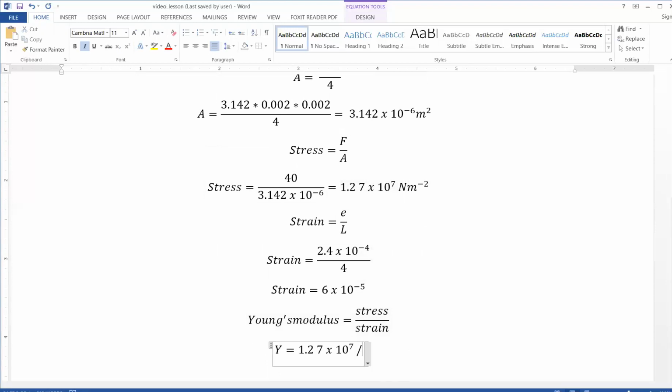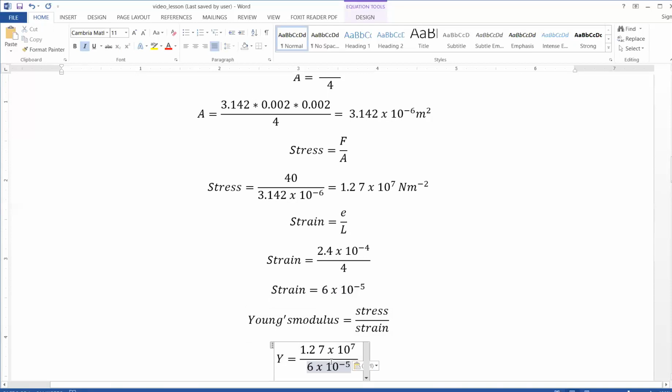So that divided by, so you have this, you can put this in brackets. So this now divided by your strain value. This is the strain value here. Copy that and you put it there.